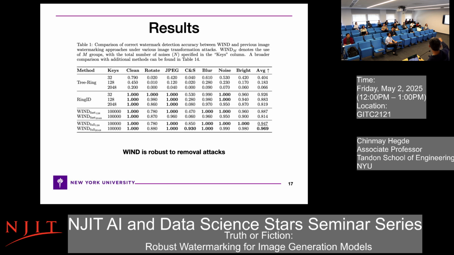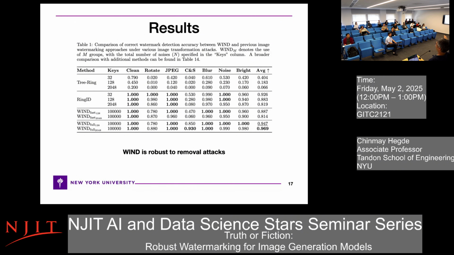And here each column is a different type of transformation. For example, the rotate transformation, you can do something like JPEG compression. You compress the image and then decompress it, and that removes the watermark or makes the watermark obscure. You can do blurring, you can do brightness differences, and so on. And so those are the different columns. Different rows are different watermarking schemes. So I talked about tree-ring before.